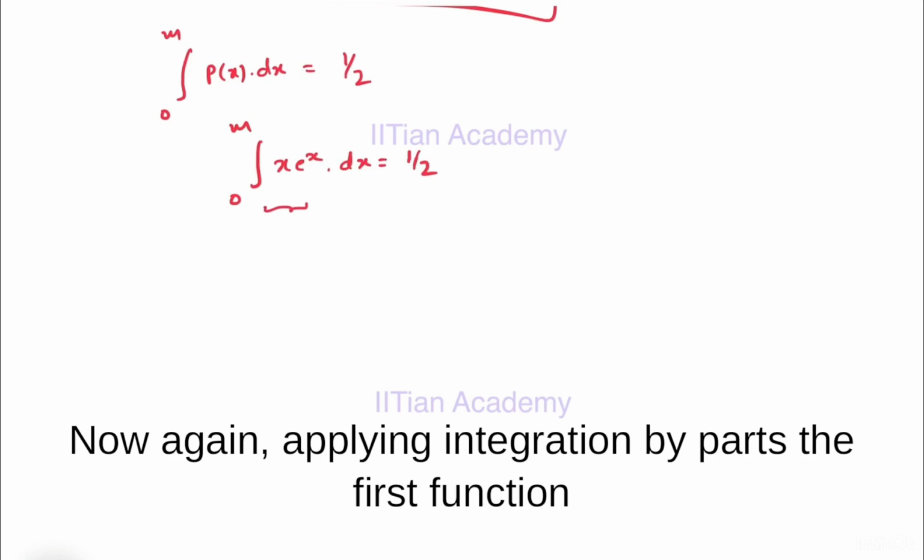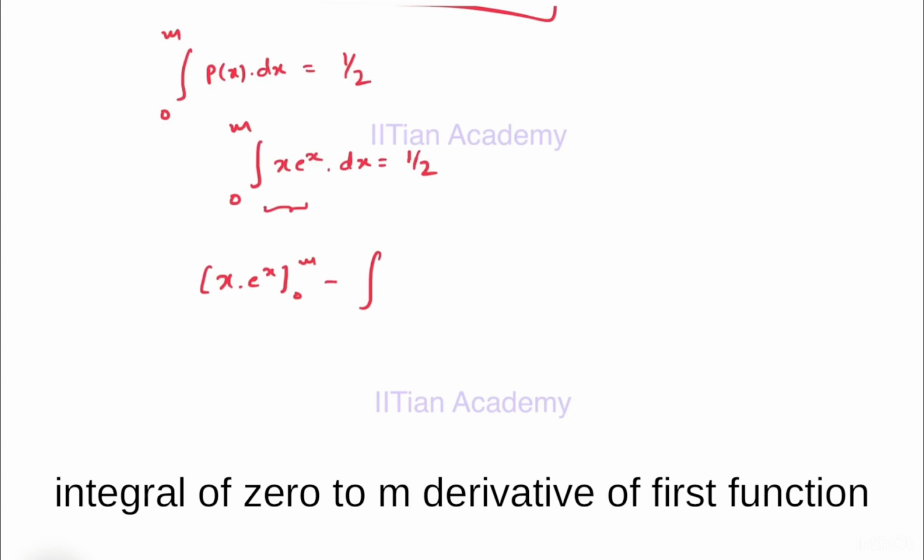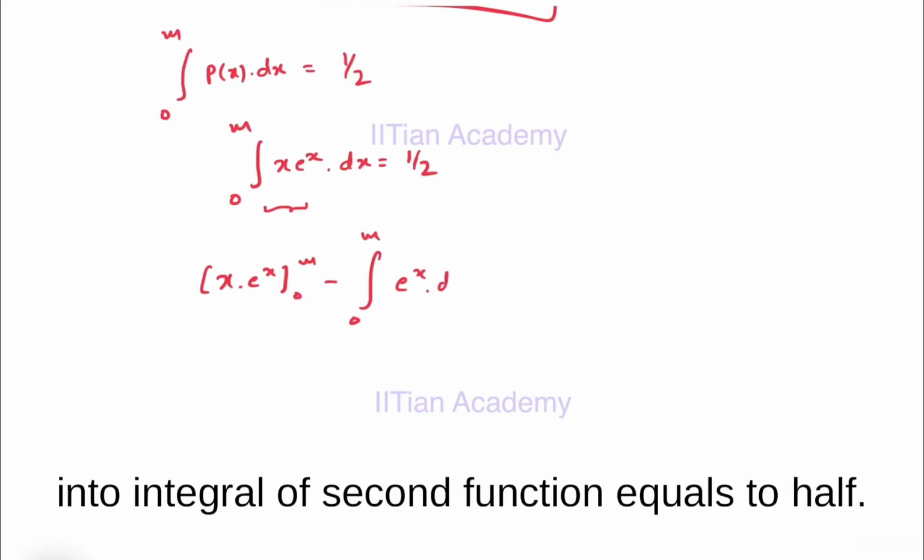Now again applying integration by parts, the first function into integral of second function, 0 to m, minus integral of 0 to m derivative of first function into integral of second function equals to half.